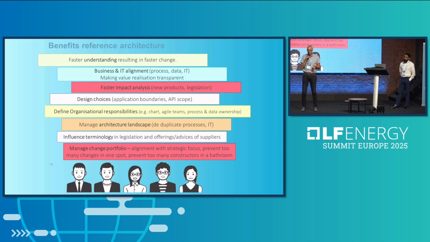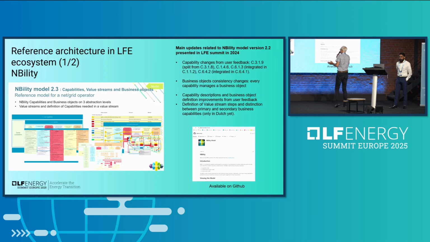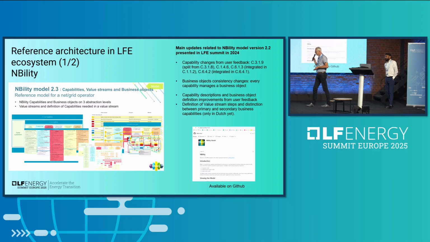So you can use the reference architecture to make design decisions about the scope of projects, about the scope of APIs, or about the scope of the project you are doing. These are some of the benefits of having a reference architecture.